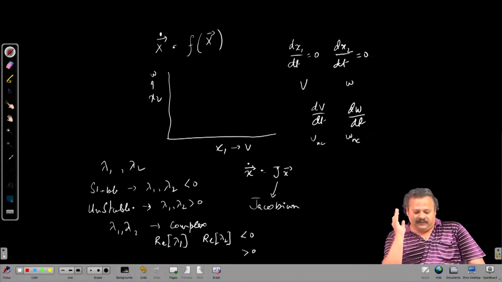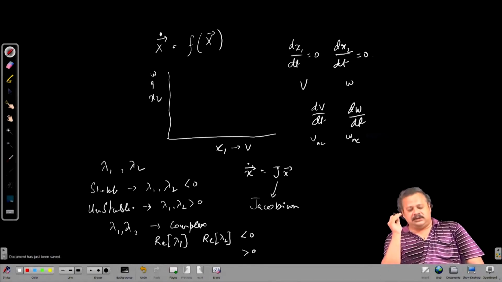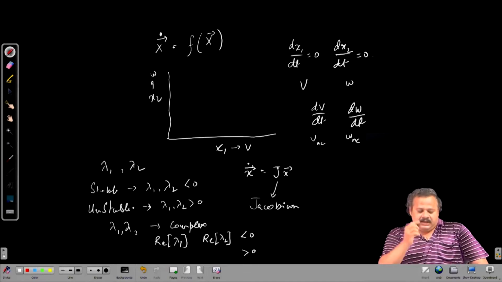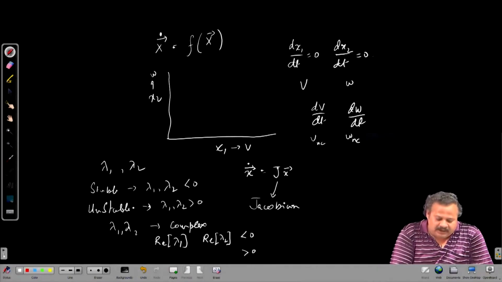We are left with one more case, which is maybe the most interesting case, because it is the basis of understanding threshold behavior in neurons. The last case is when lambda 1 and lambda 2 are real and of opposite signs.